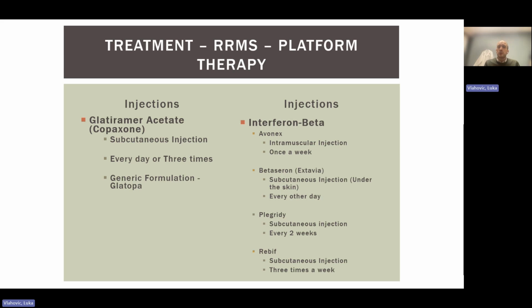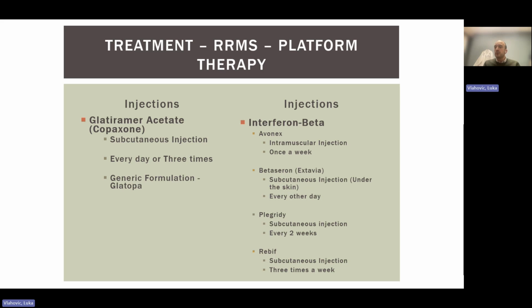So this is essentially platform therapy, especially designated on this slide. Copaxone or glatiramer, and then different interferon preparations. Those would be medications that were approved in the 1990s and early 2000s. Those are, in general, very safe medications given as subcutaneous injections, or Avonex is an intramuscular injection, with varying frequencies: every other day, a few times a week, once a week.